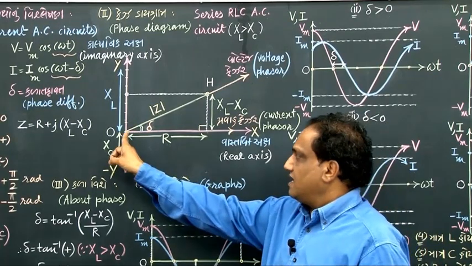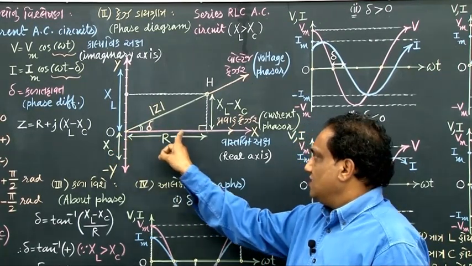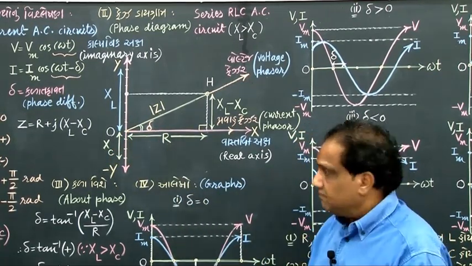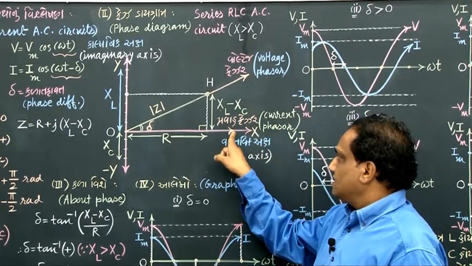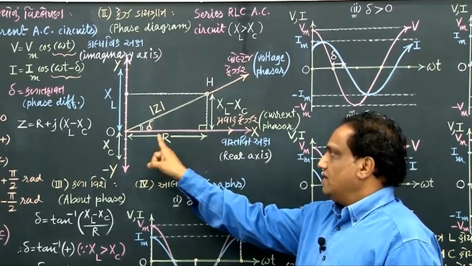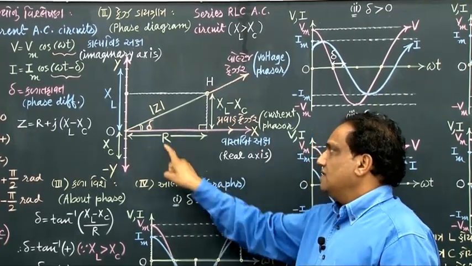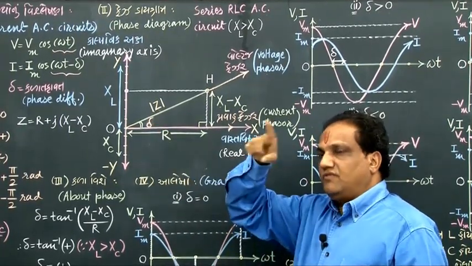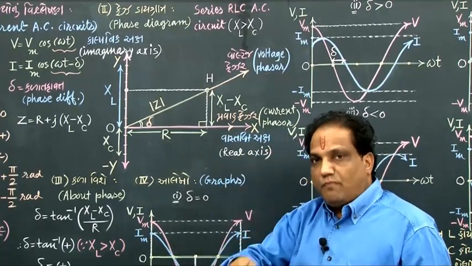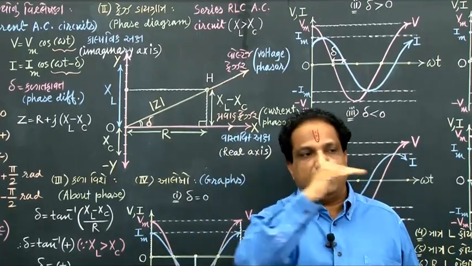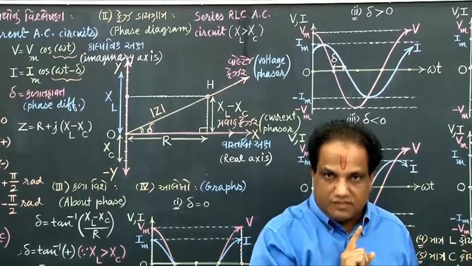And if you extend ray OH, it will give you the voltage phasor. Current phasor is already in the same direction. So whenever voltage phasor and current phasor point in the same direction, then delta, the phase difference between them, is said to be 0. Because delta is 0, they point in the same direction.